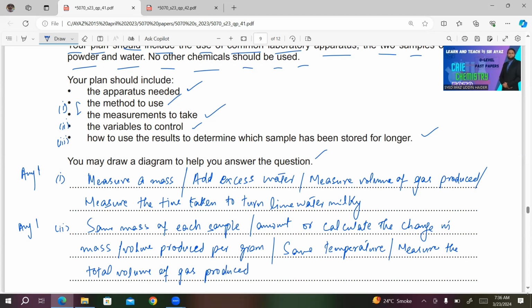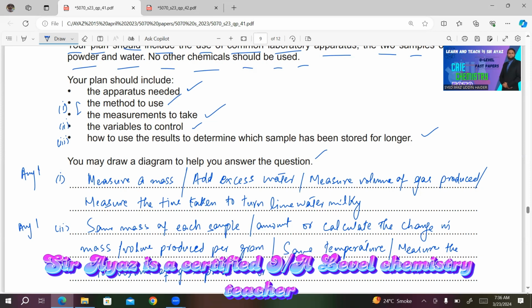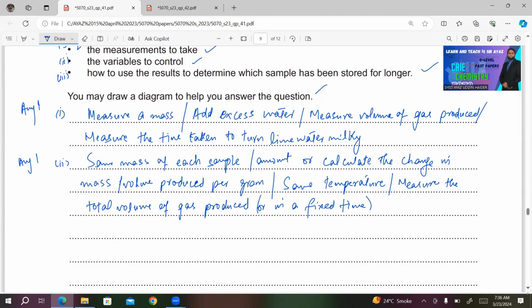Or you can measure the volume of gas produced in a fixed time. Number 3, any one. That is for the results, using the results.